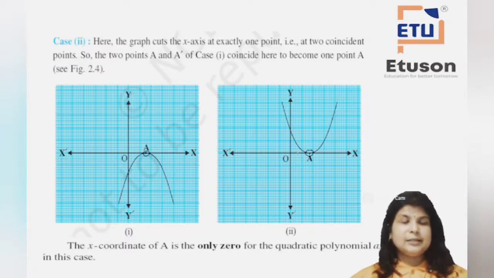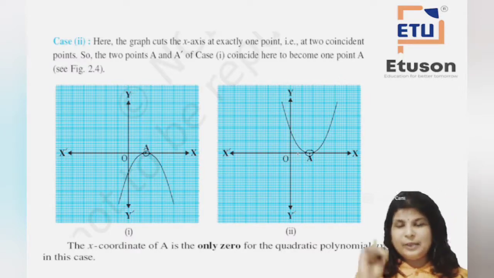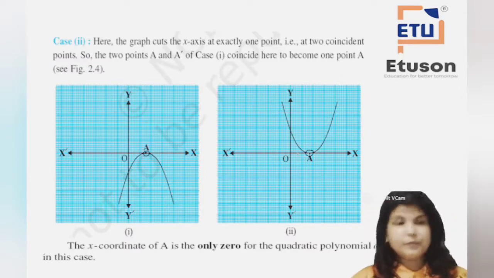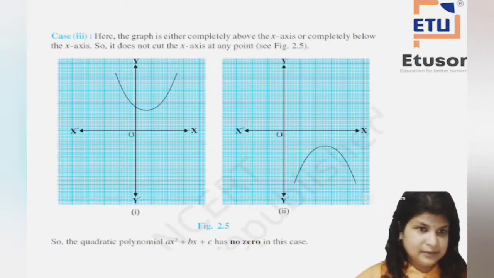That means this particular polynomial has only 1 zero. Okay, children. Now coming to the third case.